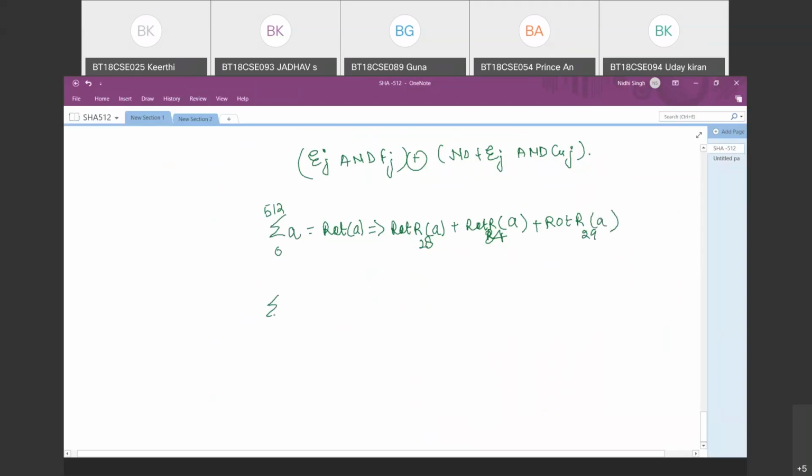Check. Then what about the rotation operation over the E value?